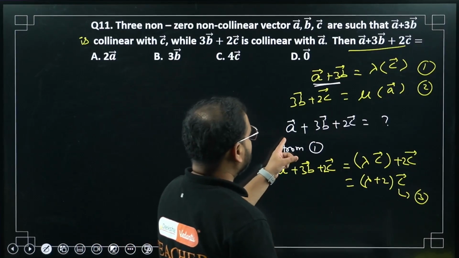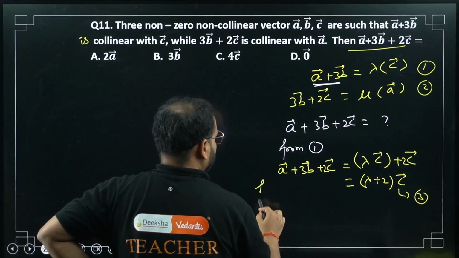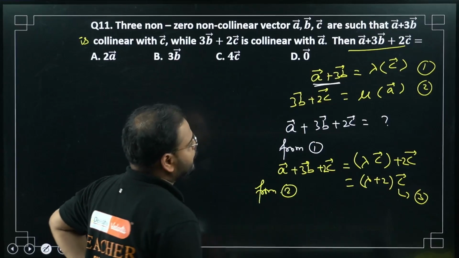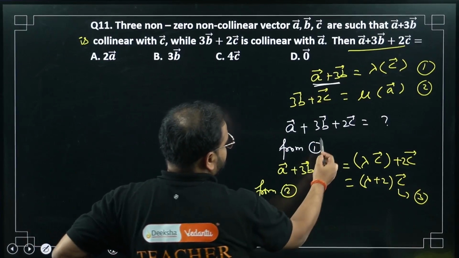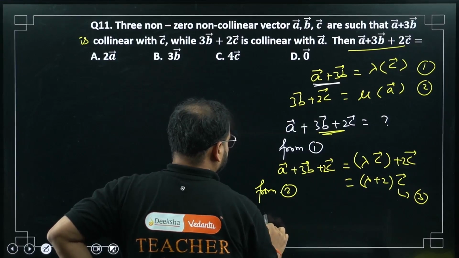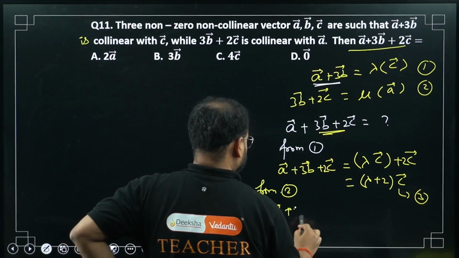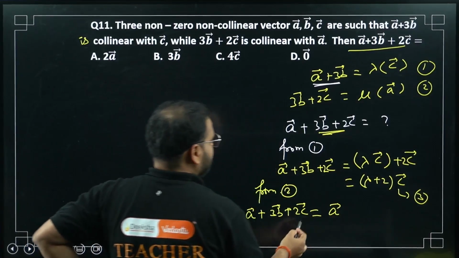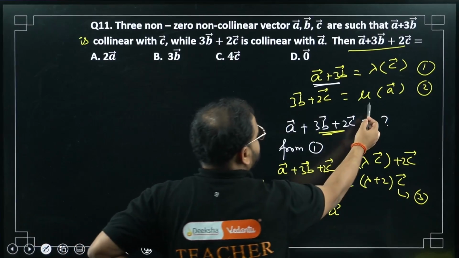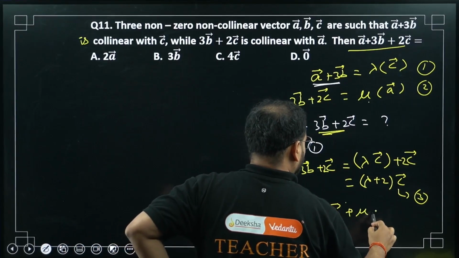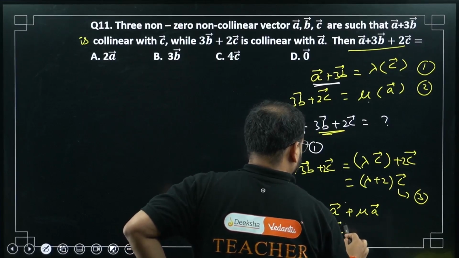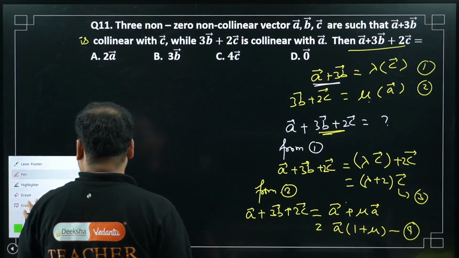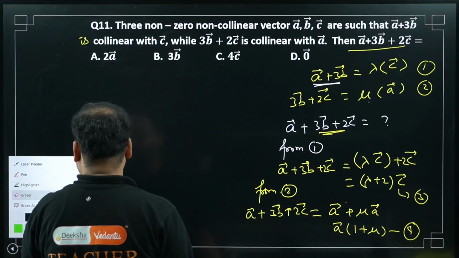Now in A plus 3B plus 2C, I'm going to use equation number 2. From 2, A will remain as it is and 3B plus 2C will become mu times A. Take A common: 1 plus mu times A. This is equation number 4.